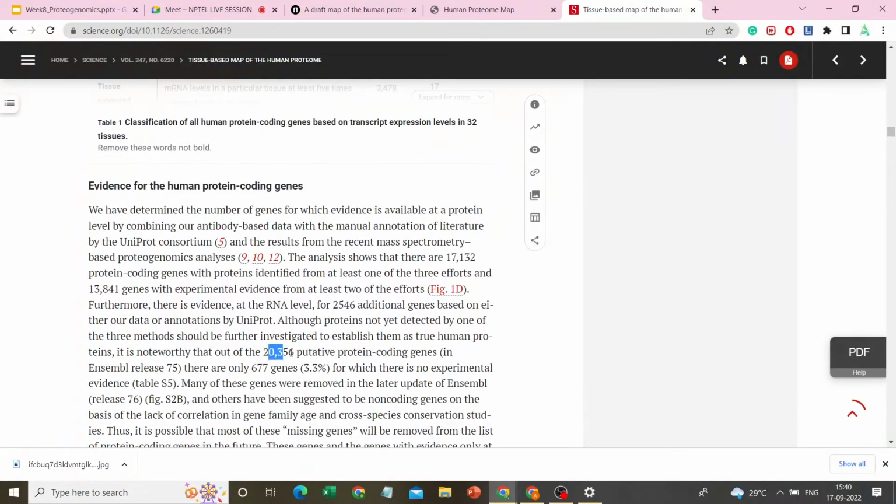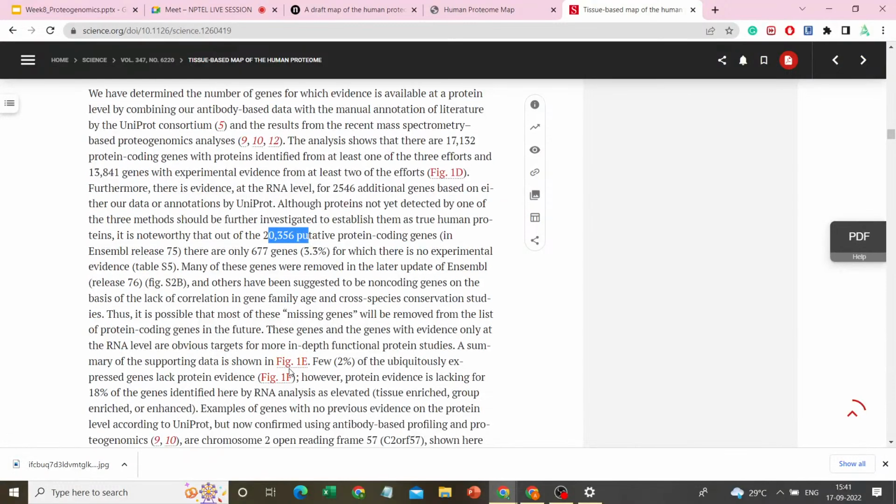Among the 20,356 putative protein-coding genes, there are only 677 genes for which there is no experimental evidence. So all three efforts, mass spectrometry-based, RNA sequence-based, or antibody-based, found nothing for these genes.